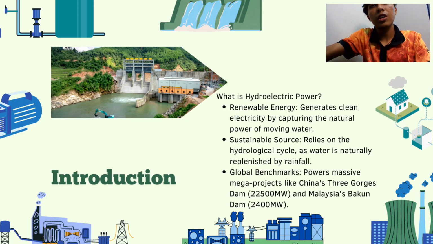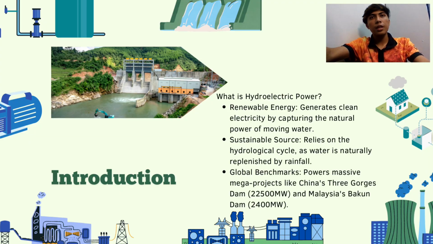Okay, for our introduction, I would like to explain what is hydroelectric power. Hydroelectric power is renewable energy that generates clean electricity by capturing the natural power of moving water, driven by the hydrological cycle, as water is naturally replenished by rainfall.